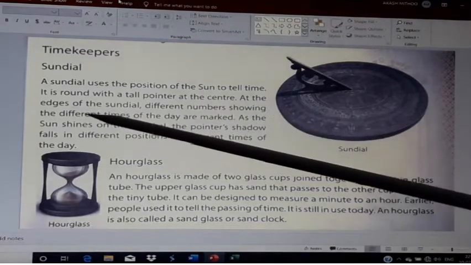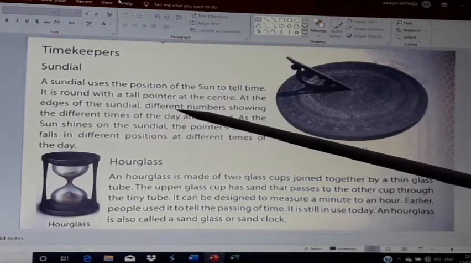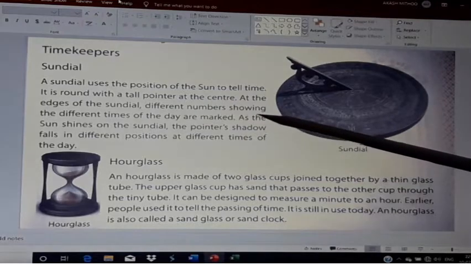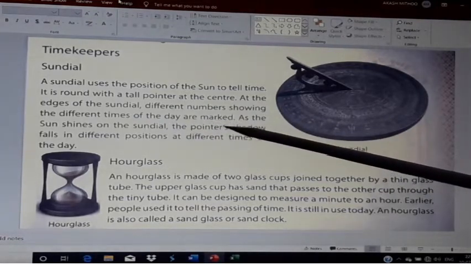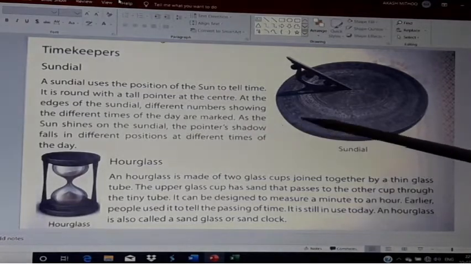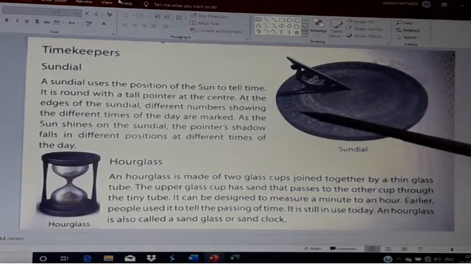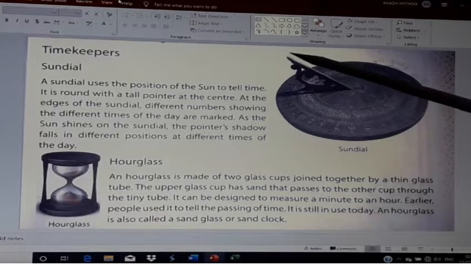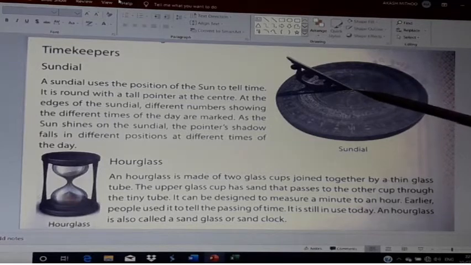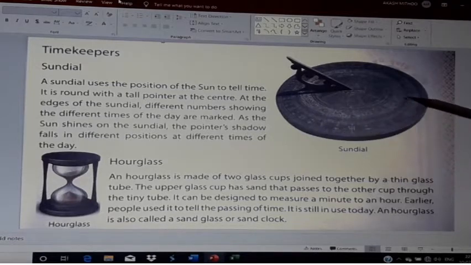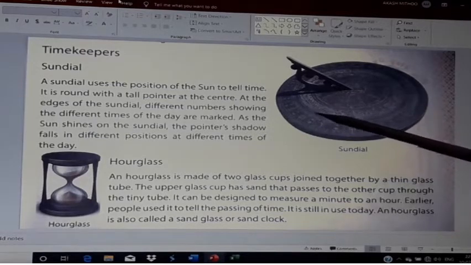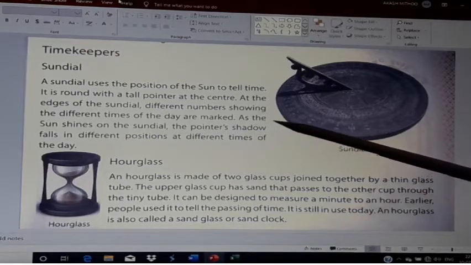At the edges of the sundial, different numbers showing the different times of the day are marked. You can see this is a sundial. This is the pointer at the center in the middle. Then the numbers are also marked, which show the different times of the day.